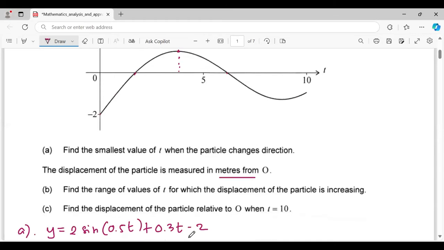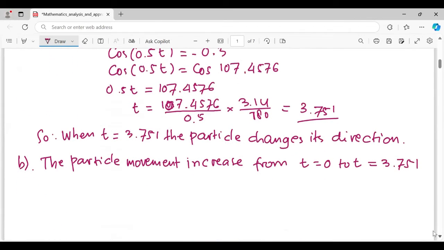So that is the range value for t. The range of t is 0 to 3.751.